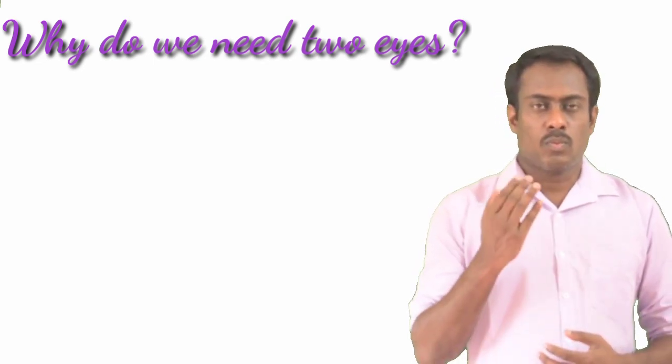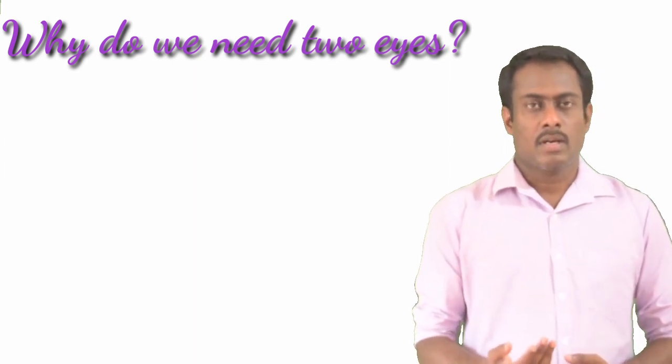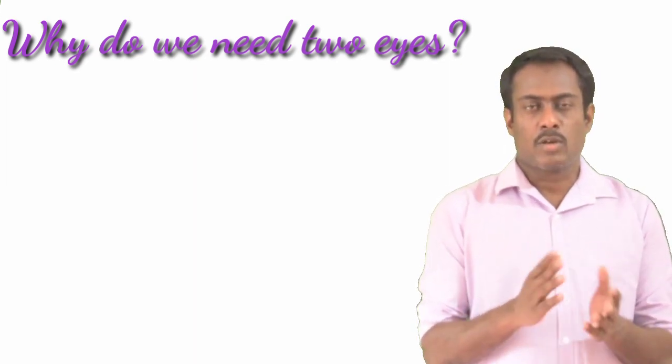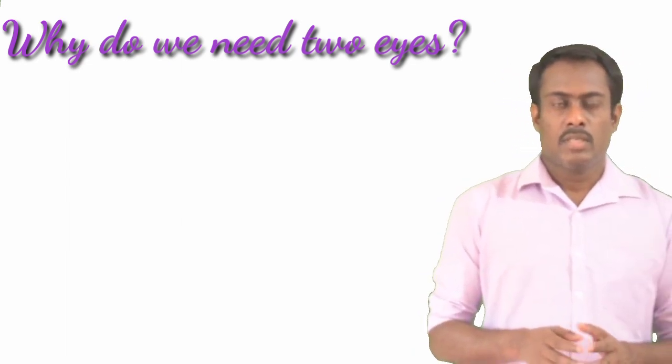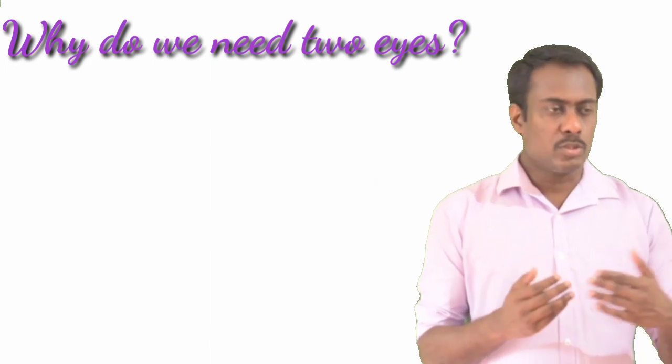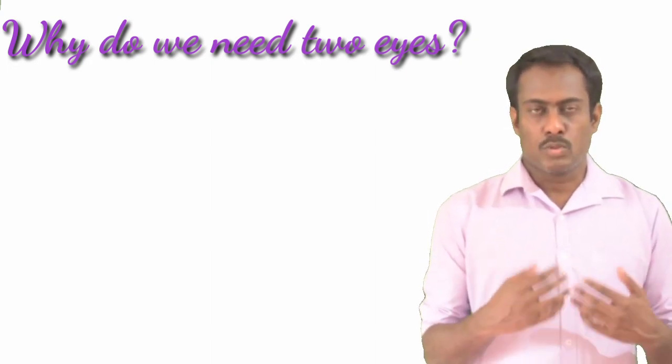Then why do we have two eyes? If we close one of our eyes and see the things around us, the things may not be clear to us, that means the things that we see will be in two dimensions. Then if we open both eyes together and see the things, it will be converted into a three-dimensional space.